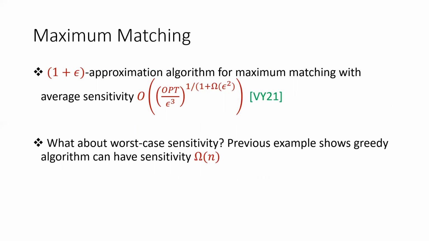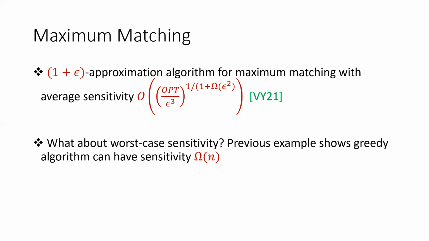And notice that our result improves upon a result of Varma and Yoshida that gives a 1 plus epsilon approximation to the maximum matching, but has average sensitivity in this quantity as follows. Namely, opt here is the number of edges in the maximum matching, and it can be as large as n.